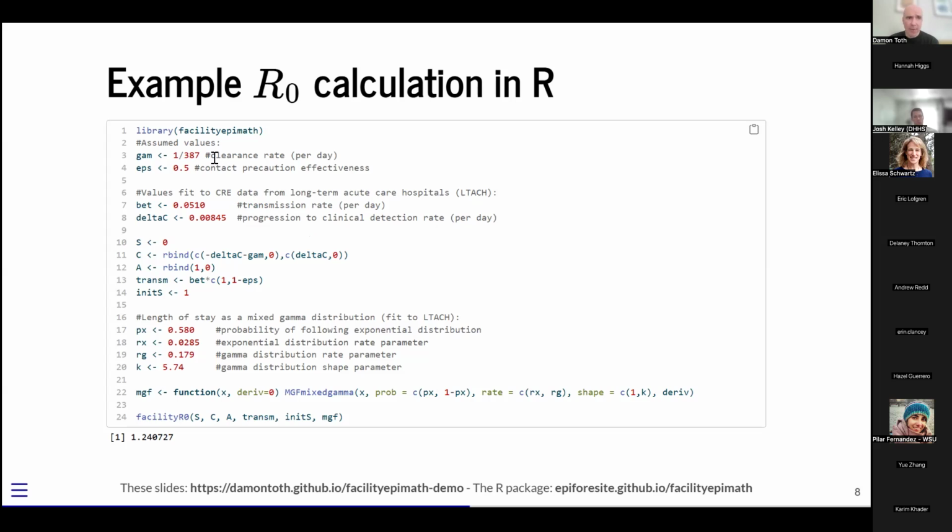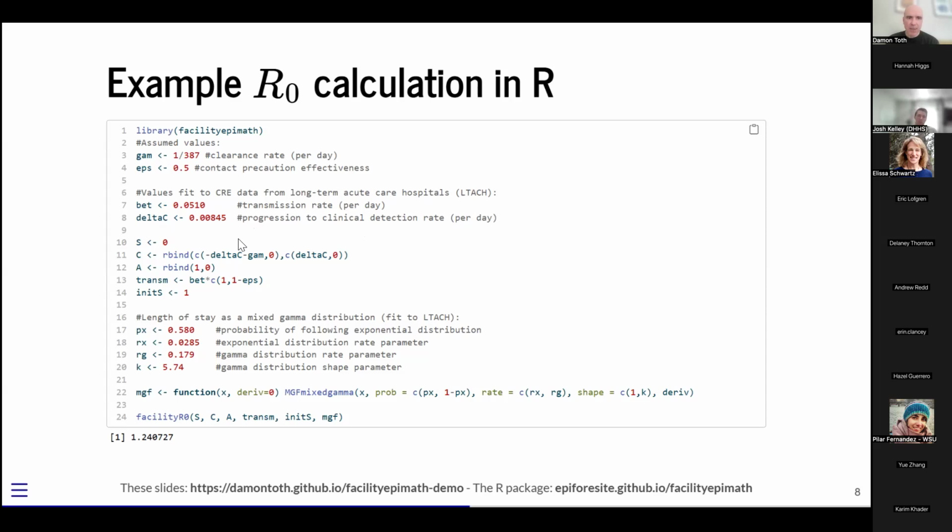So we have the clearance rate, and contact precaution effectiveness, we assume was 50% effective. And then these beta and delta C values were the transmission rates and the progression rates that were fit to the data from those LTACs, which were LTACs in the Chicago area that were having a very bad outbreak of this organism.